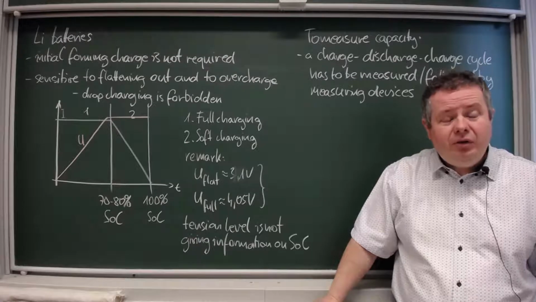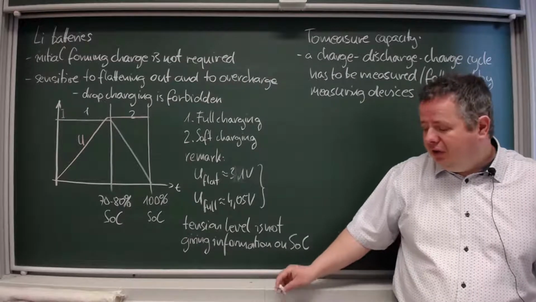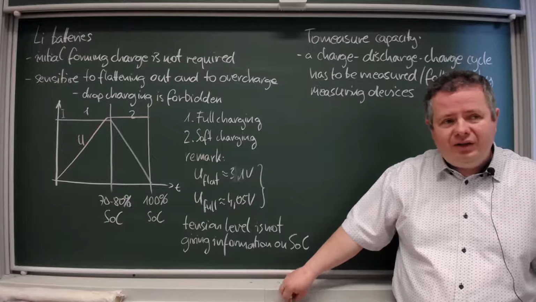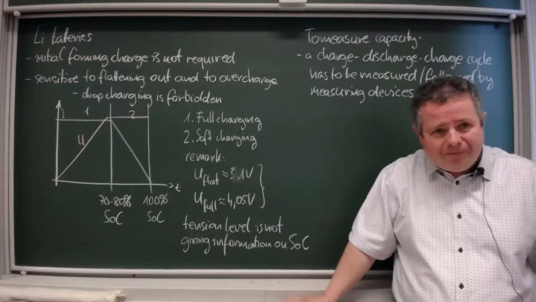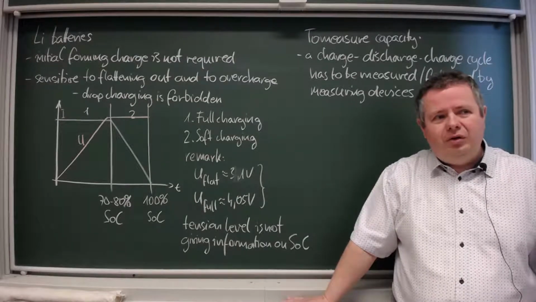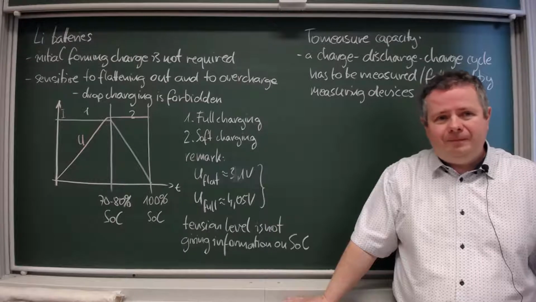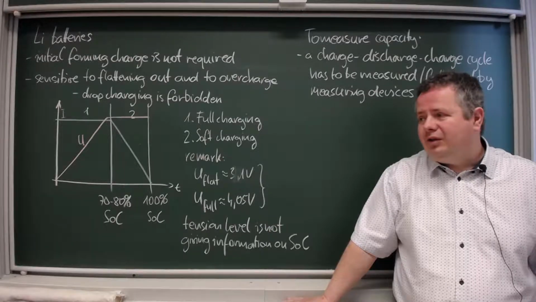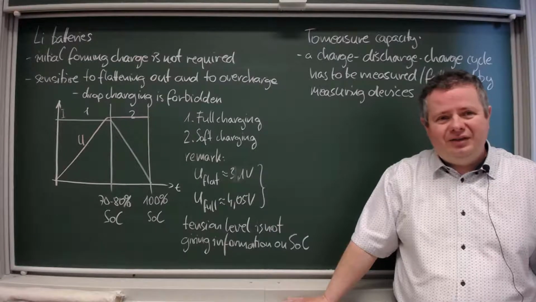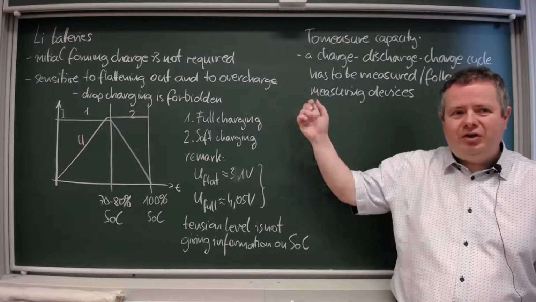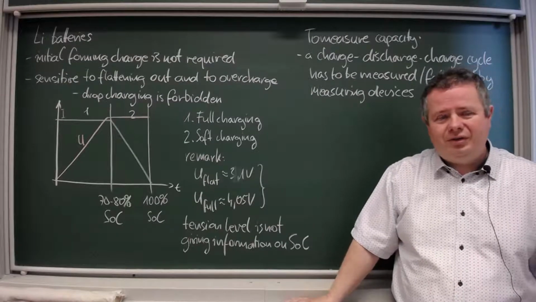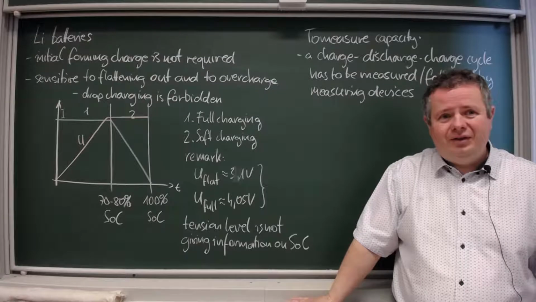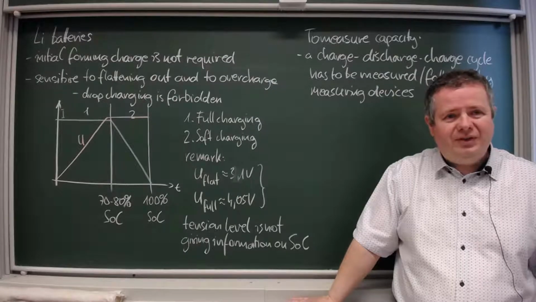Okay. So if you buy or intend to buy a second-hand used electric car, it's good to go to a dealer, spend some money and wait a day for making this charging cycle to have information about the state of the battery.